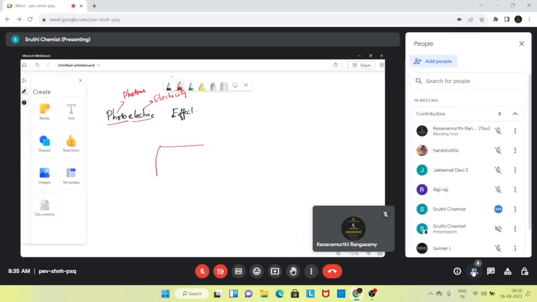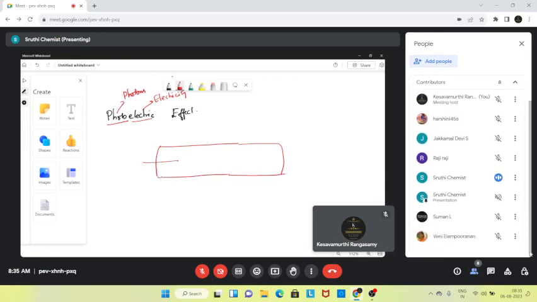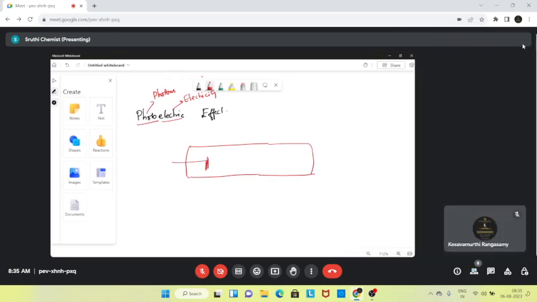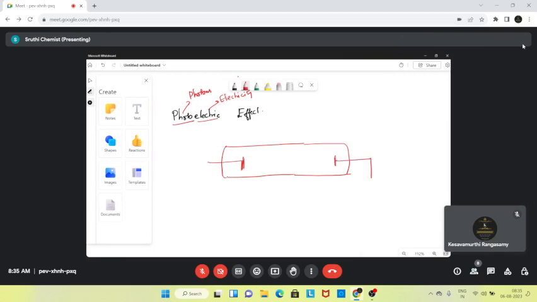So let's draw it. This is connected to the battery, two electrodes. Here we have one electrode, here we have the other electrode. I am connecting this to the negative terminal and this is our positive terminal. Now tell me, what is this electrode's charge?